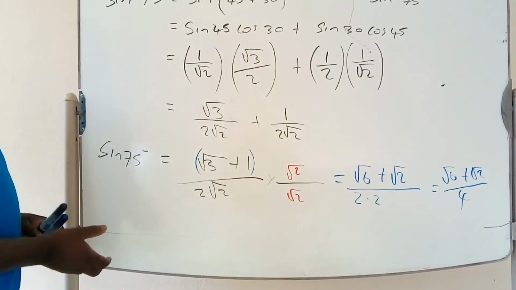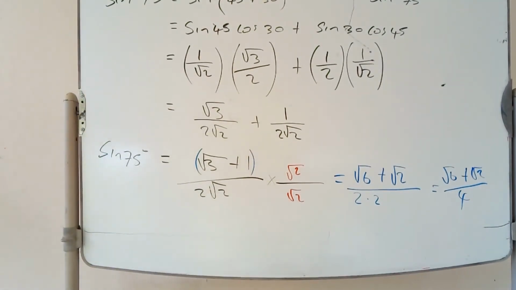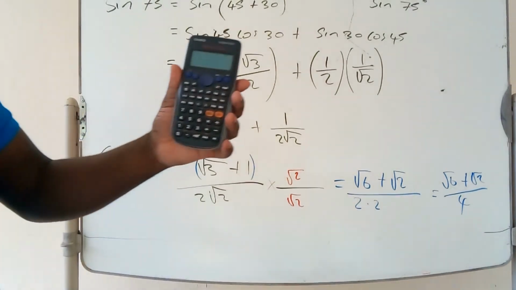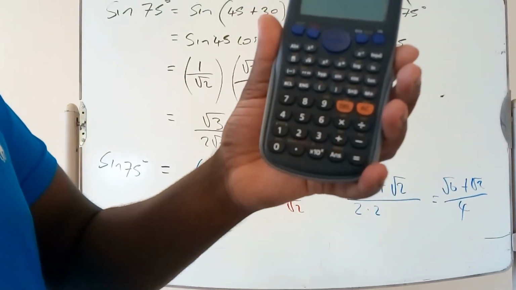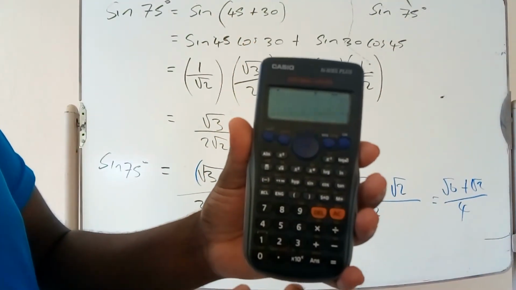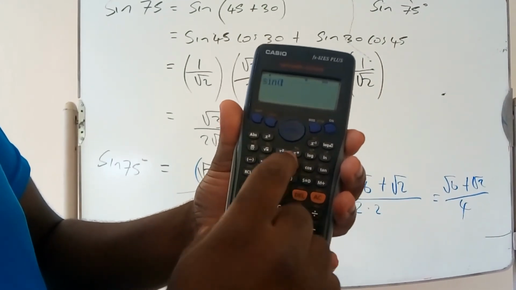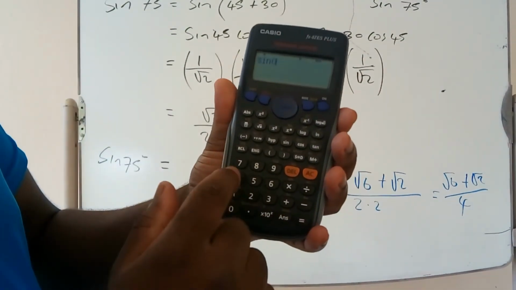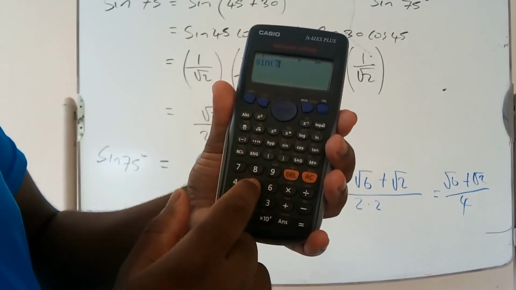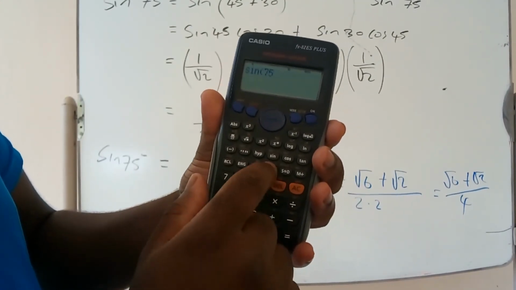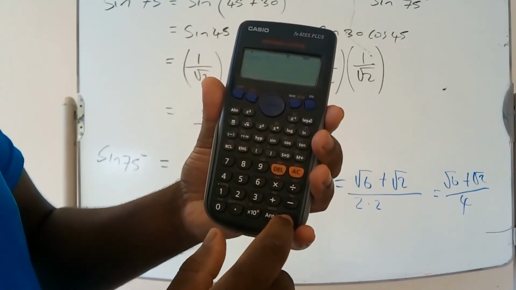So if you have a scientific calculator like mine, and let me just show you, you just select sine on your calculator, and you put sine 75 on your calculator. And you press equal.